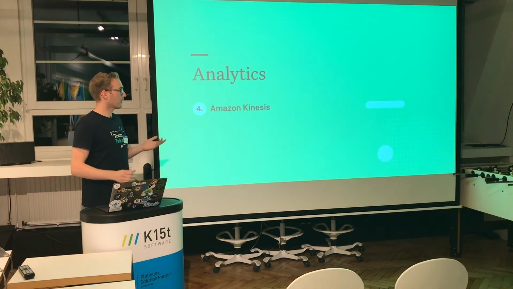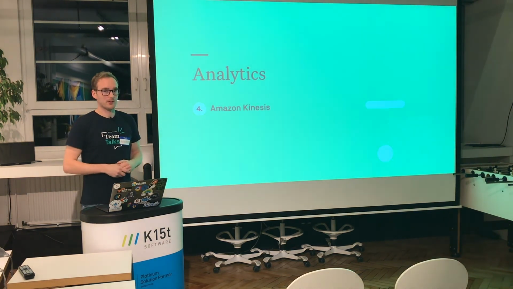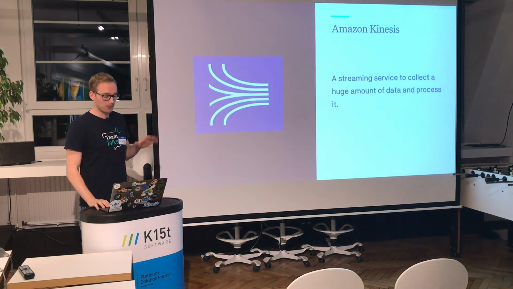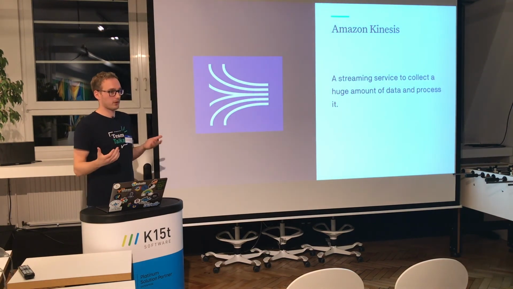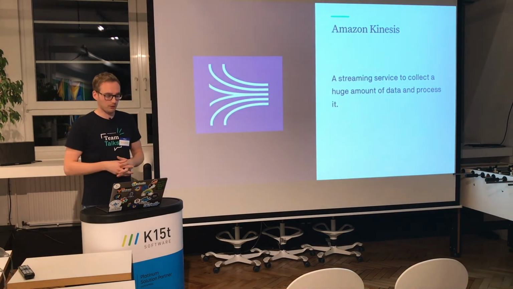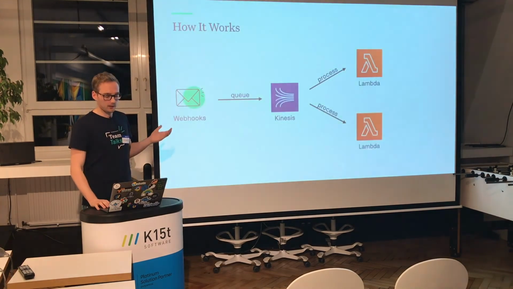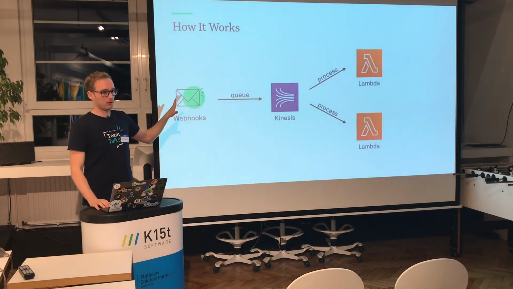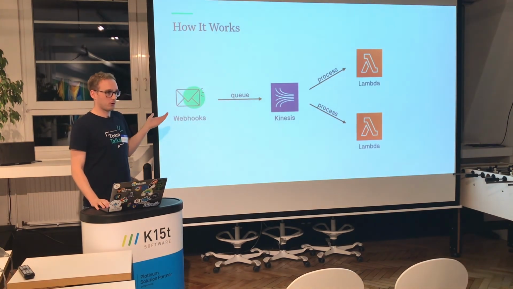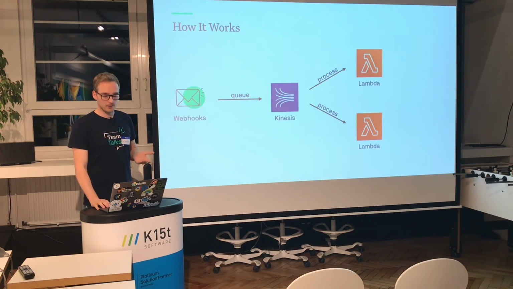However, Kinesis can also help you here to analyze the data. In principle, Kinesis is a streaming service to collect a huge amount of data and then process it. You can attach multiple consumers to that stream, but then what should you do with that data if you want to analyze it?